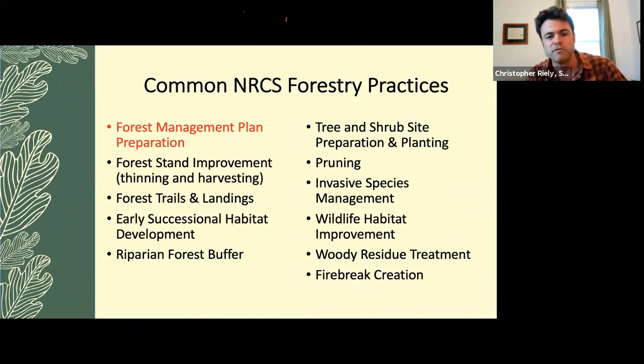Once that's approved by NRCS, there may be practices recommended in your plan to improve forest health, enhance wildlife habitat, or manage invasive species. Once you have the plan, you could apply for the funding to put these practices to work on the ground. And there's a long menu of different conservation practices that will cover just about everything conservation-oriented landowners here in New England might want to do.